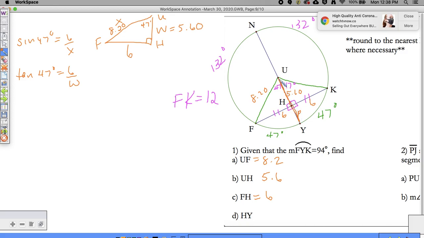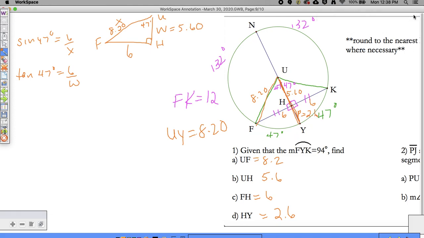I hope you all realize that UY and UF are both going to be 8.2. So UY equals 8.20 because it's also a radius. So if I do 8.2 minus 5.6, I'm going to get 2.6. So this is going to be equal to 2.6. So this is where you got to put those clever hats on to actually see what's what.